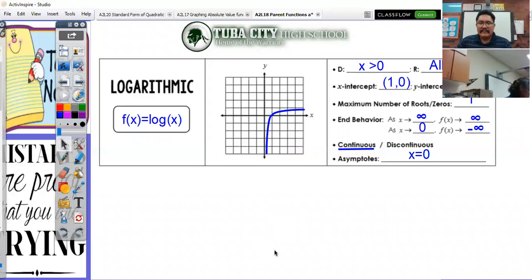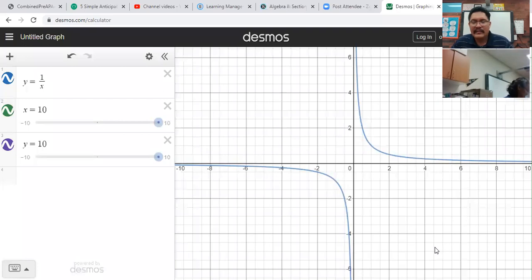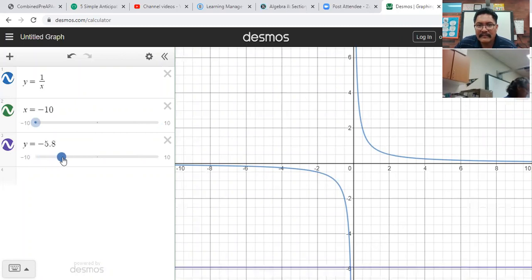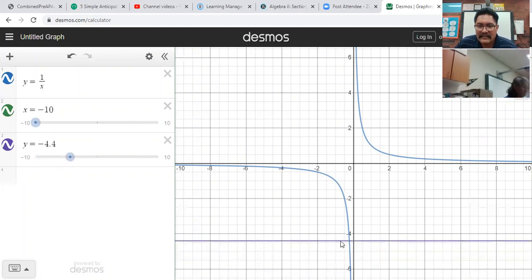Now, I said I was going to mess around with some things. Let me go back and show you some of the things that we missed. Sometimes I think I'm screen sharing, but it doesn't. I was pretty sure I clicked on this. But anyway, this is back to that reciprocal function. I was just showing you that as I move this line, you can see that there's an intersection here, a little gray dot.